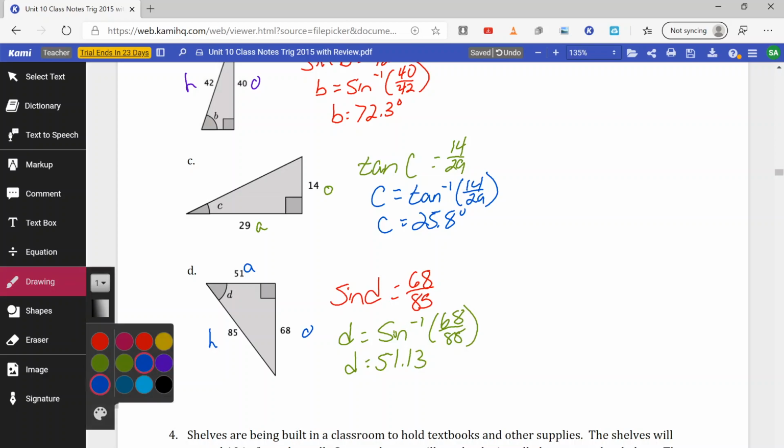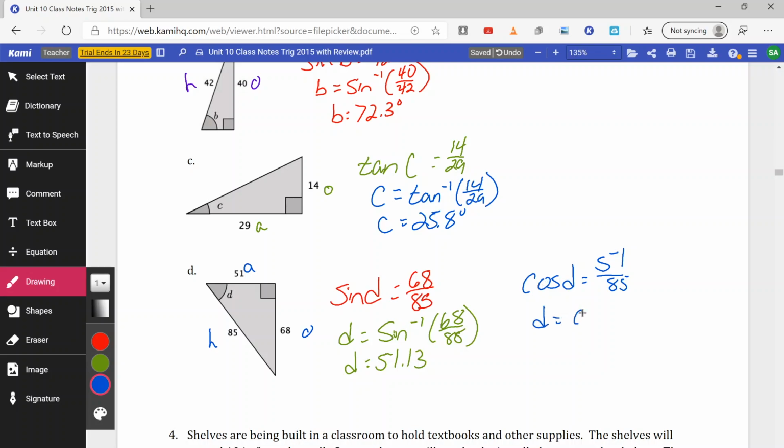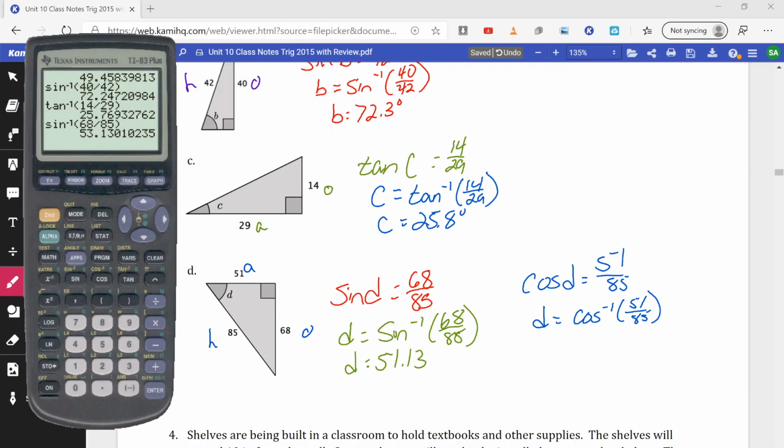Now, if we had picked cosine, cosine would be adjacent over hypotenuse, so it'd be 51 over 85, taking the arc cos to get angle D. So this will just show you why we could have used any one of them. So 51 over 85. Notice we get the same thing, 53.13.